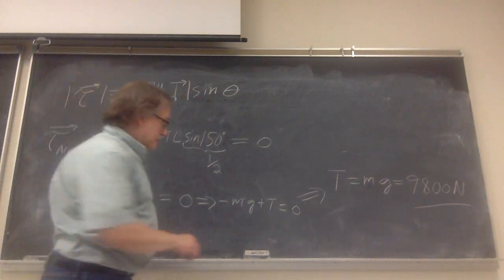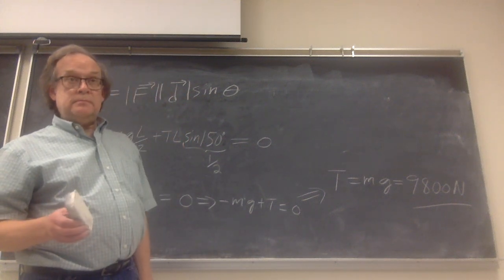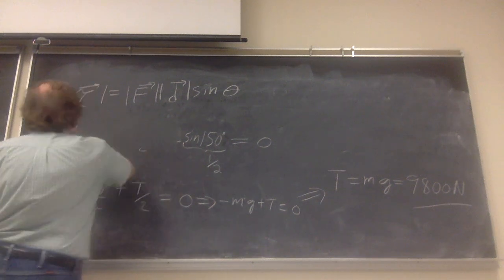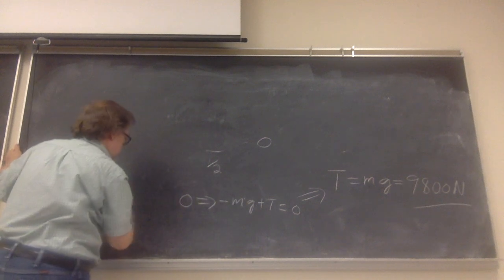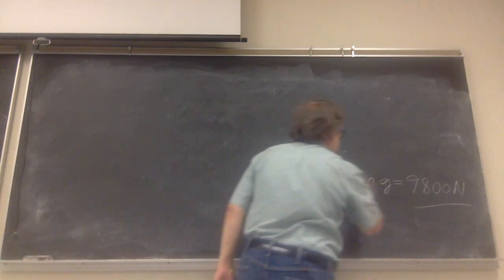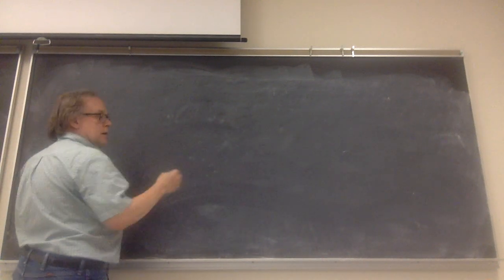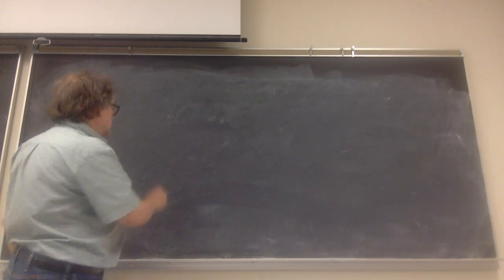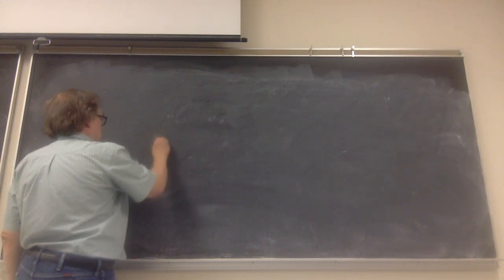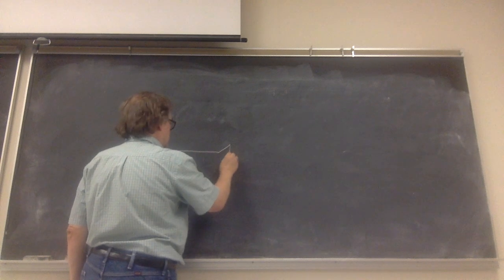Now, the other thing, I wanted to go back and talk about the last question on the third quiz. Remember what was going on there. Yeah, the two tug-of-war teams, and I'll represent each team by just one person. So here's Team A pulling, and then here's Team B pulling.